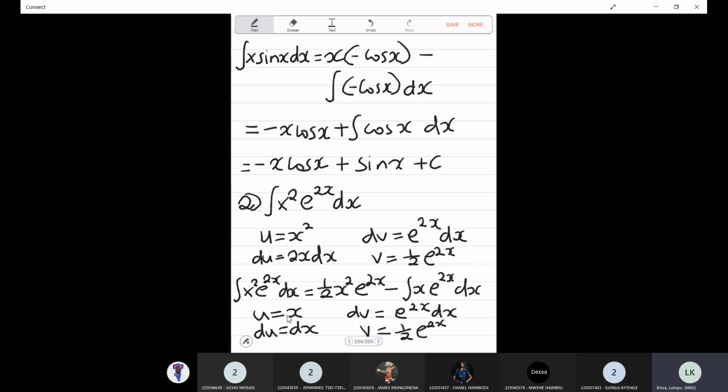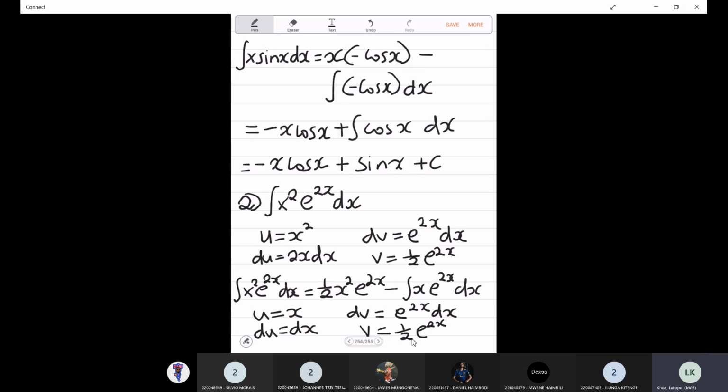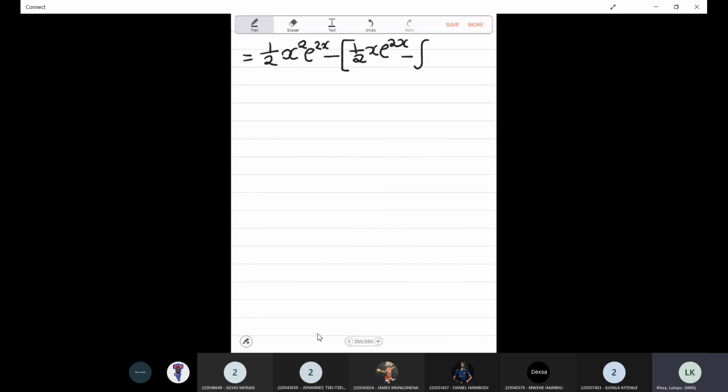So it's negative u times v, so it's half x e to the power of 2x. And then again minus the integral of v, which is half e to the power of 2x, multiplied by du, which is just dx. I have half e to the power of 2x dx, and then I can close my brackets.